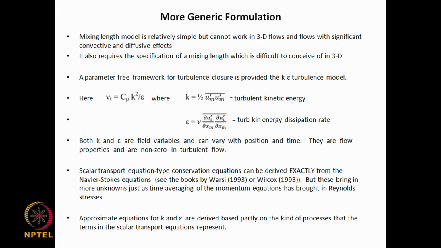And importantly, these equations contain a large number of new unknowns, not just the Reynolds stresses. And this also represents the turbulence closure problem, in the sense that you are now defining two new properties, K and epsilon, which represent these fluctuations. And if you want to determine these using Navier-Stokes equations, in the process of deriving equations for those, you are introducing new terms which are again not known, and so the number of unknowns increases as you bring in more and more equations, and that is the turbulence closure problem.